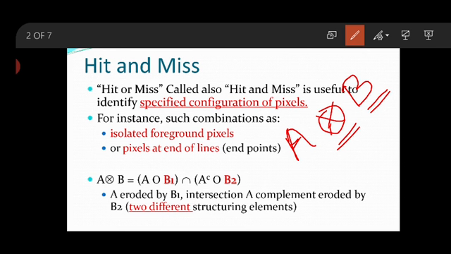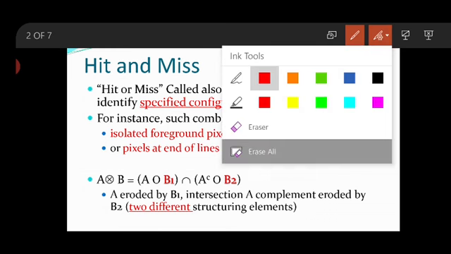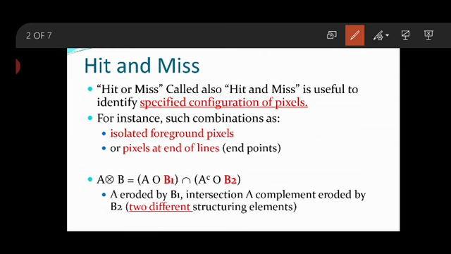Now the equation of hit and miss is given here: A eroded with B1. B1 is one structuring element, and A is an image. A erosion B1.